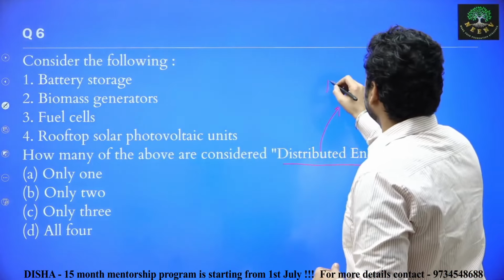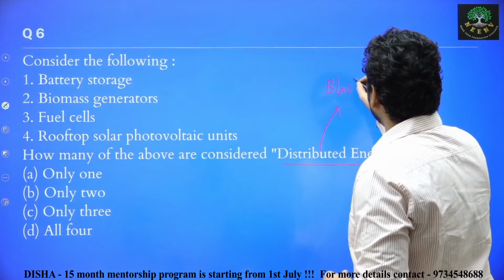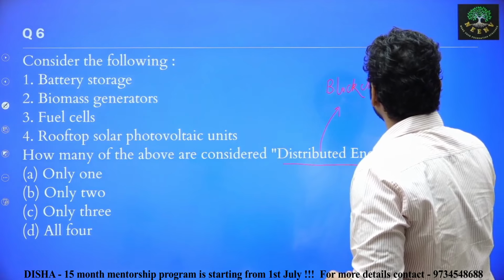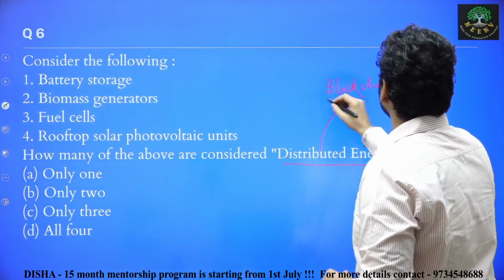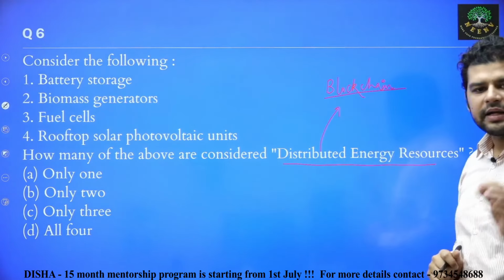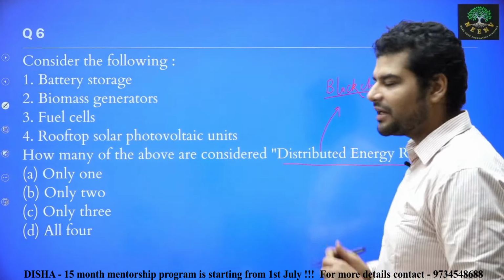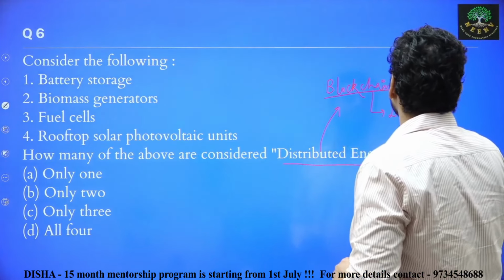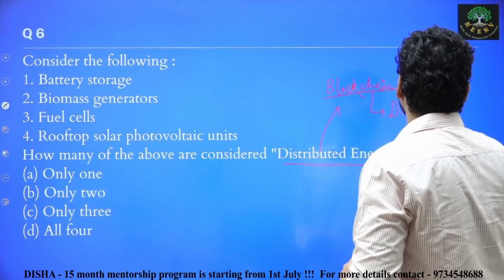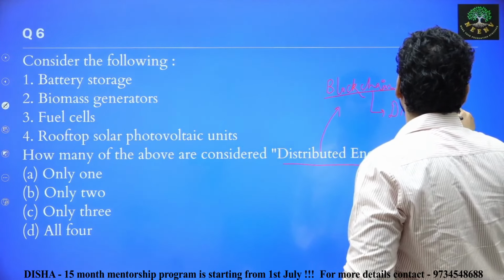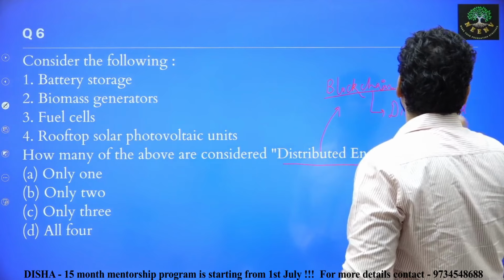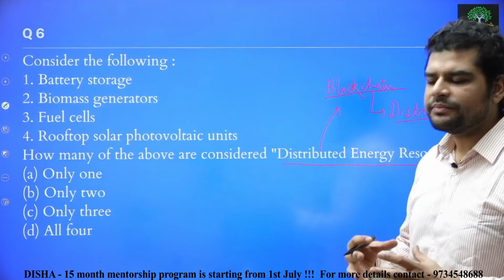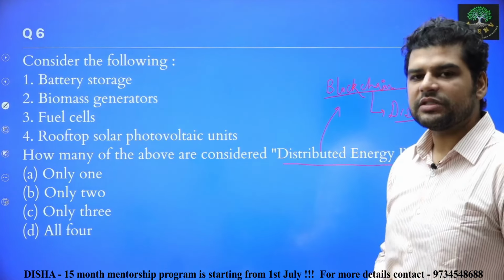There is another topic in science and technology which is called blockchain. Now that blockchain has a ledger, it has a register which is distributed. That is, it is available or it is processed in a scattered manner. It is not centralized.